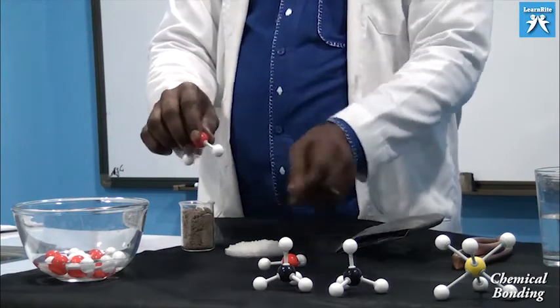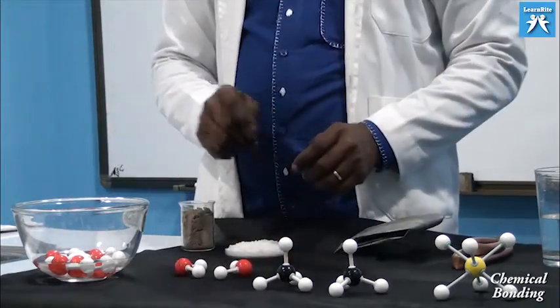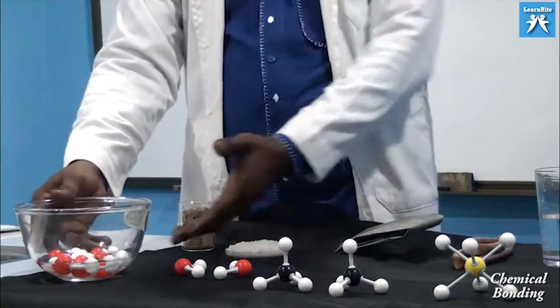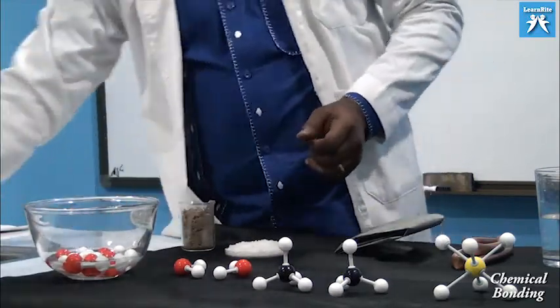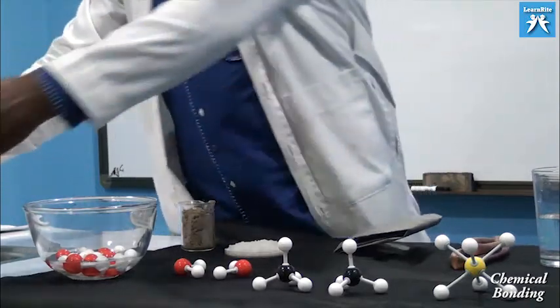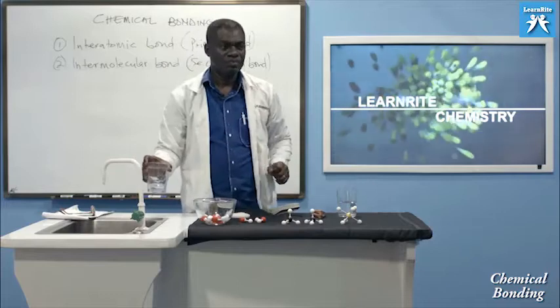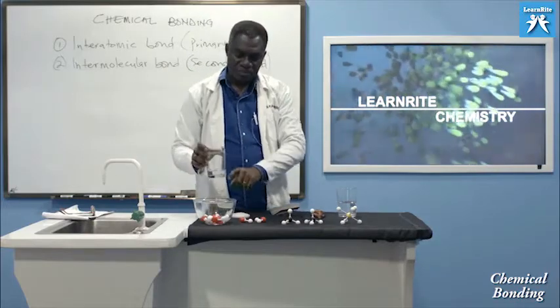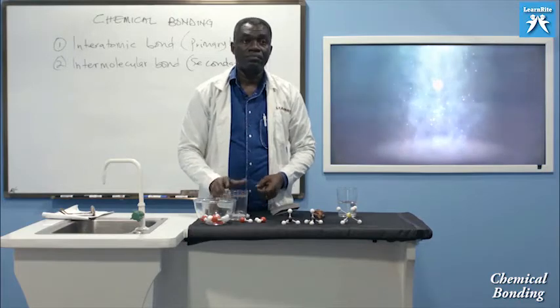Okay? Now, so if you have water molecules, if I take this water here, there is water in here. Or I take water that I'm pouring here. You see it running through straight into the beaker.